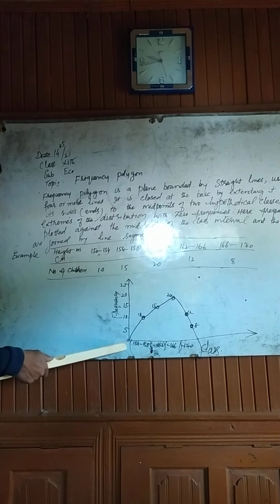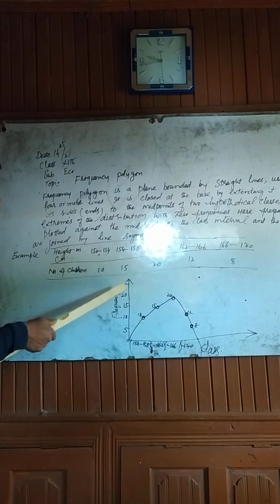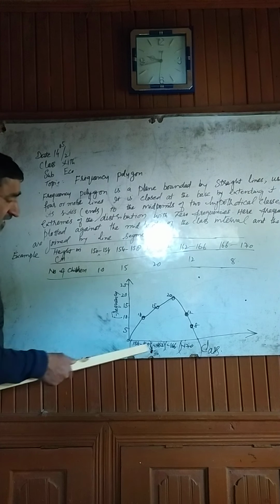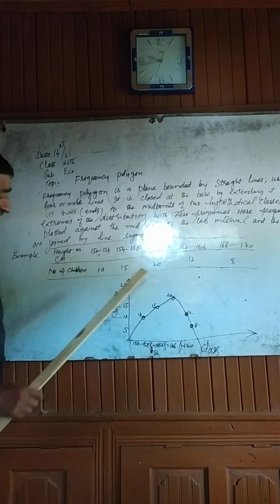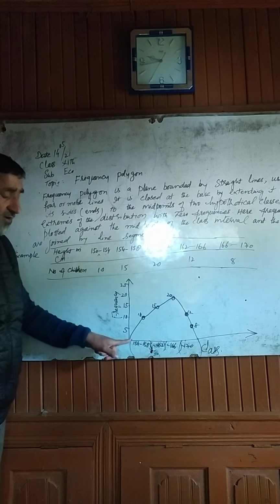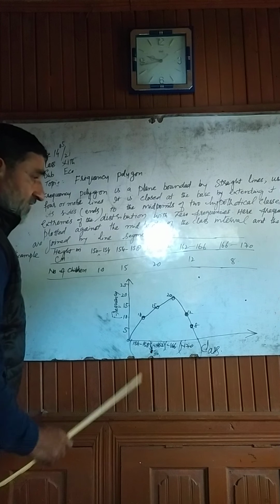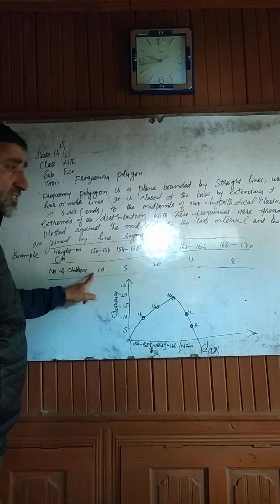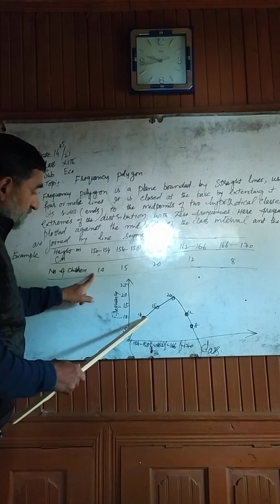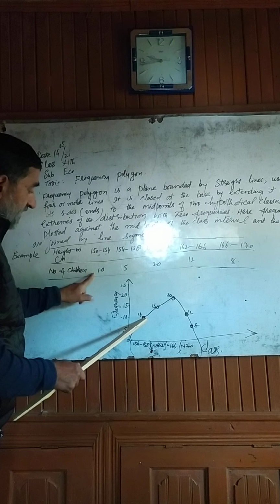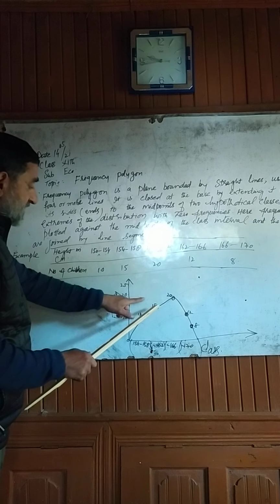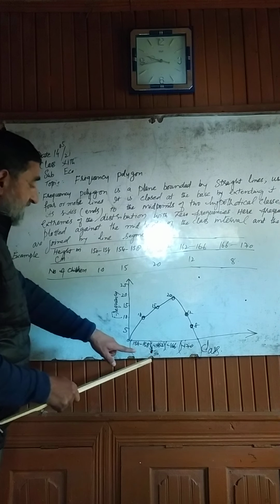Along the OY axis, we represent frequencies. Along the OX axis, we represent the class interval. In the first class interval of 150 to 154, we have the frequency 10. We have to mark a point here, that's 10, and then we extend it as we proceed to the next class.